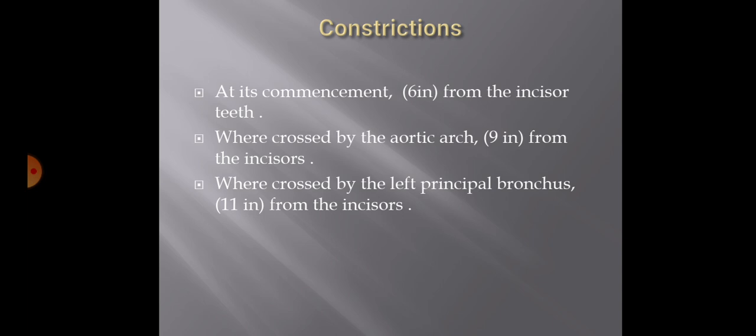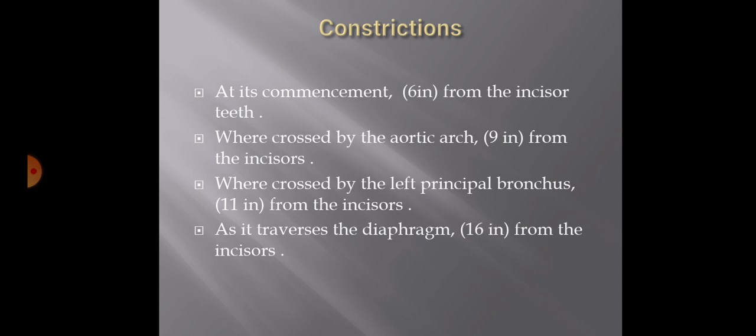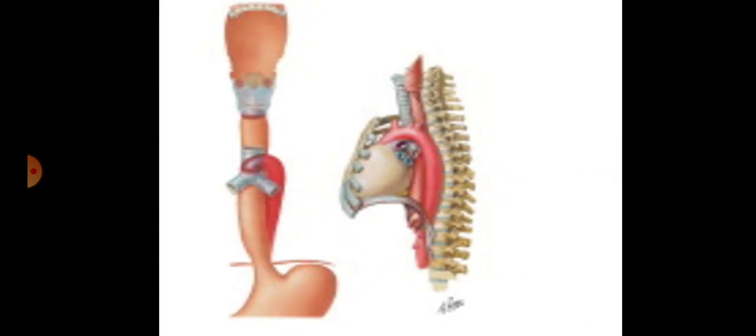The last one is located at the diaphragm. So it has 3 constrictions: one at the beginning, the last one when it traverses the diaphragm, and the middle one where it is crossed by the arch of the aorta and the bronchus.